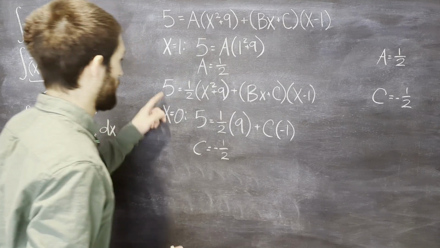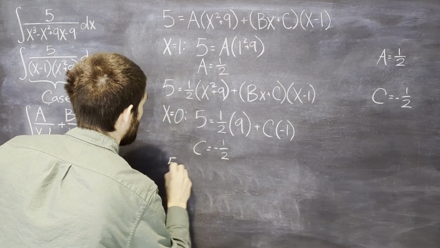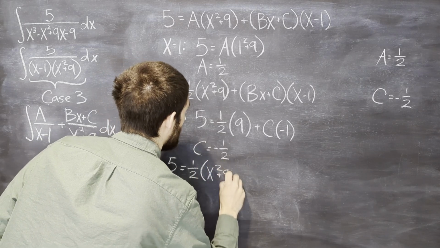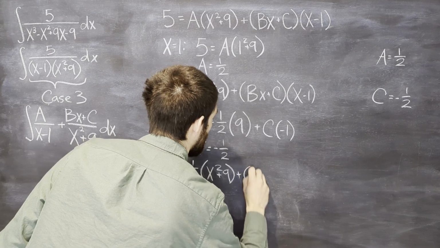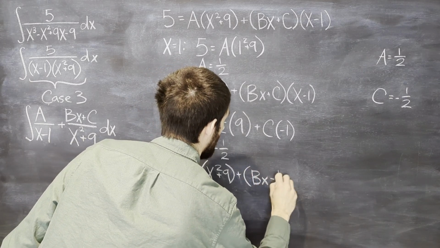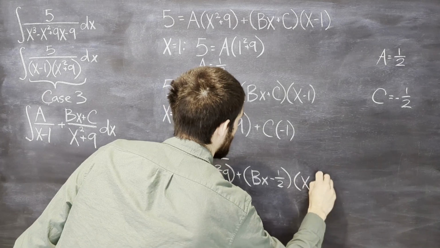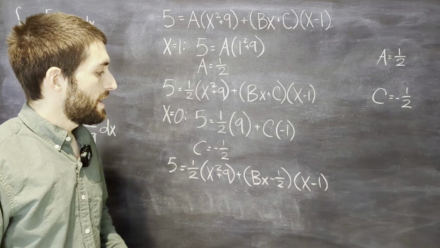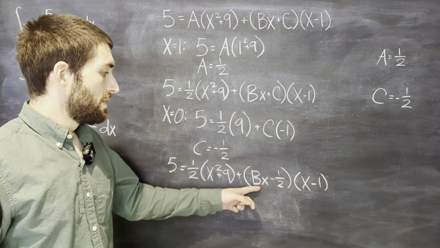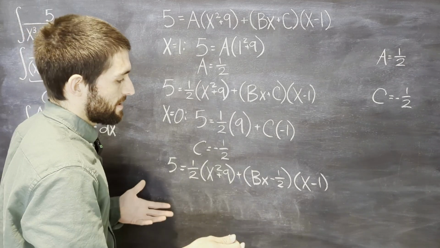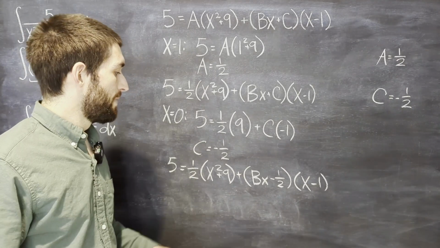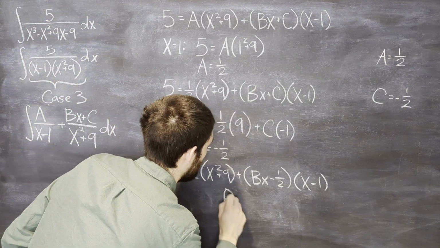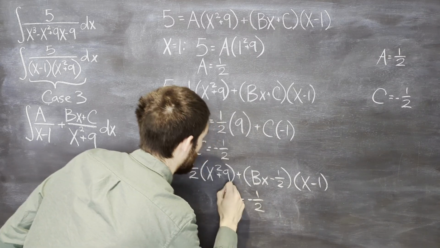We can substitute that back into our equation, giving us 5 equals 1/2 times x squared plus 9 plus bx minus 1/2 times x minus 1. There are a few different ways we could go about this. We could let x equal anything that won't cancel b out, but we can also see that if we manipulate this enough algebraically, which I'll leave the viewer to do, all of our x's will cancel anyway, leaving us with b equals negative 1/2.